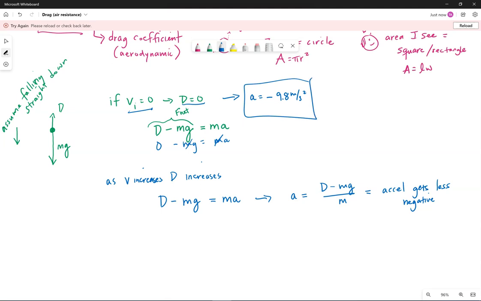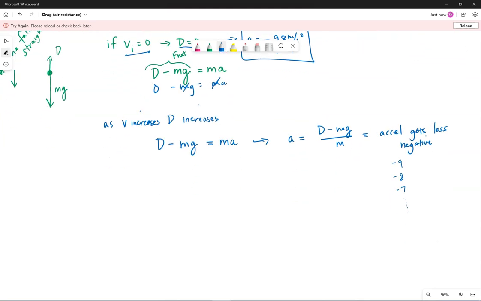It's going to stay negative because mg is still bigger than the drag force, but it would become, say, -9, and then -8, and -7, and so forth, until eventually, if there's still room to keep moving, the drag force will equal the force of gravity. In that case, we've reached an acceleration of 0.